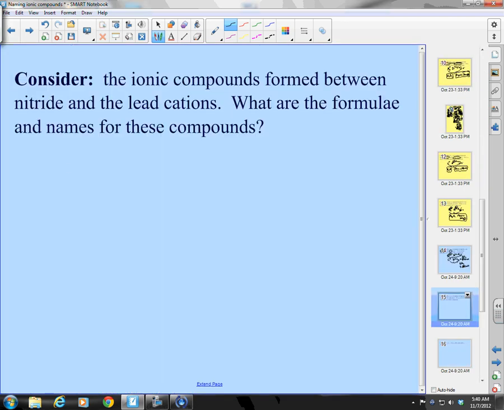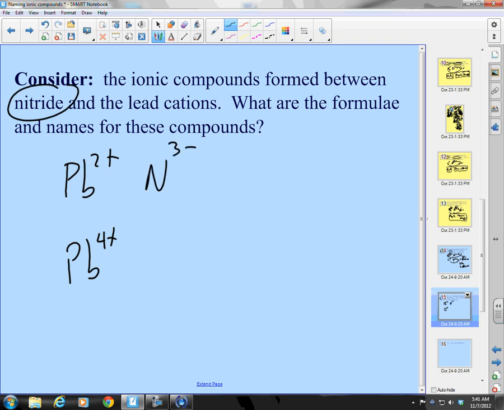So I can have lead 2, or I can have lead 4. And nitrogen, we should know now, is a -3.